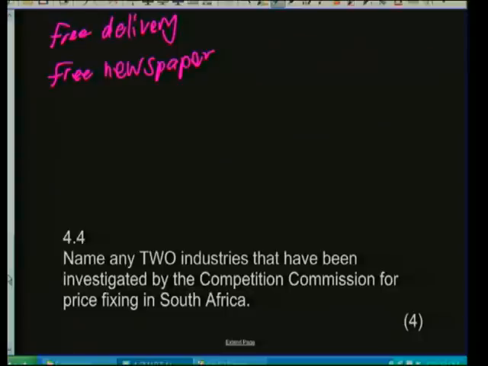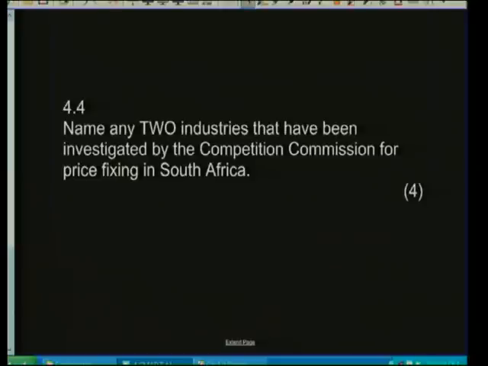Question 4.4, name any 2 industries that have been investigated by the Competition Commission for price fixing in South Africa. Okay, in South Africa we've had price fixing in the field of food, and more specific, bread.